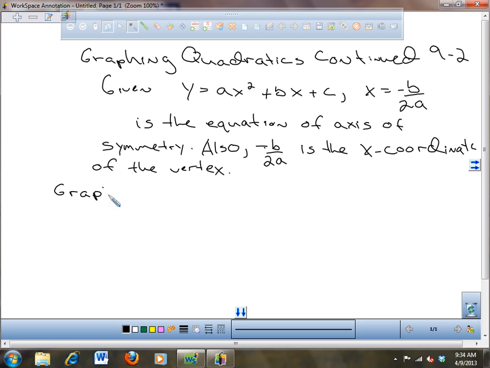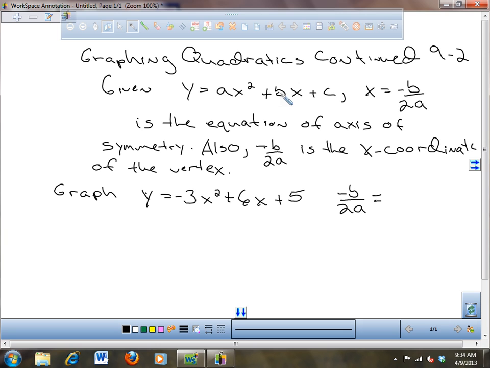Graph y equals minus 3x squared plus 6x plus 5. So in this case, negative b over 2a is equal to, this is b right here. Do you see where that b comes from? It's the middle term.